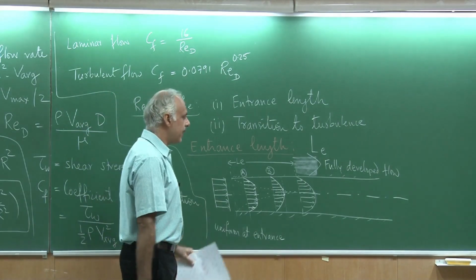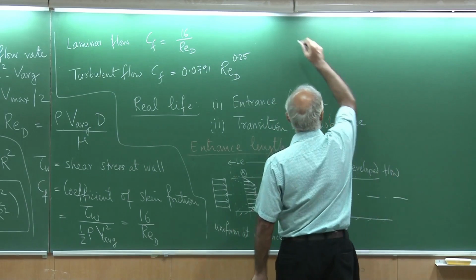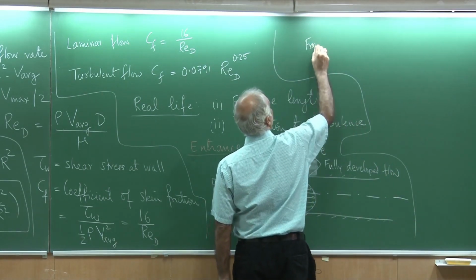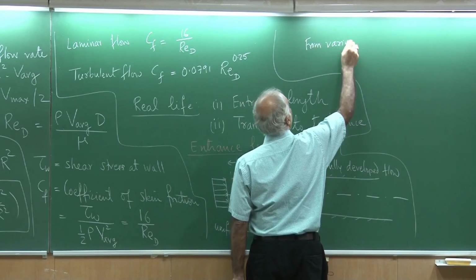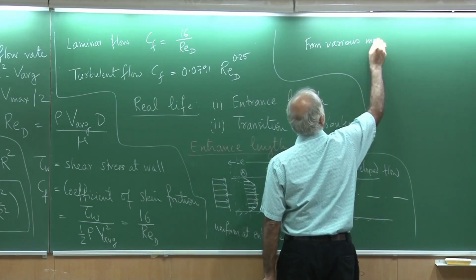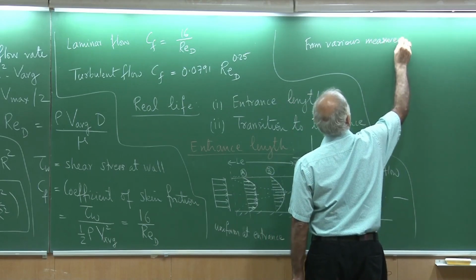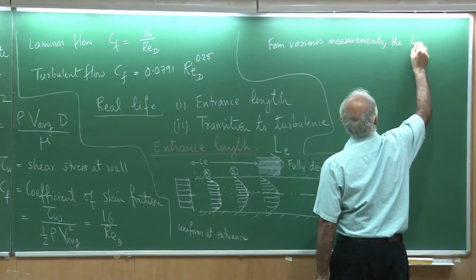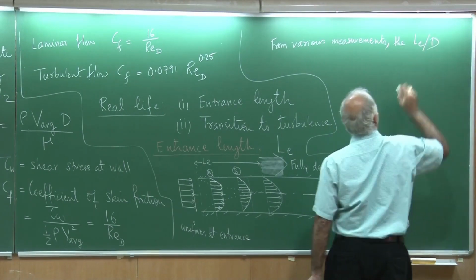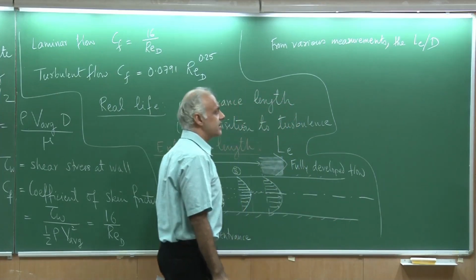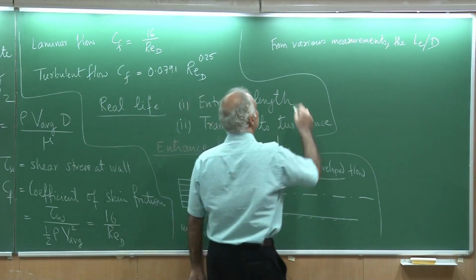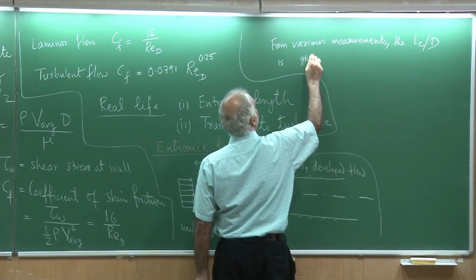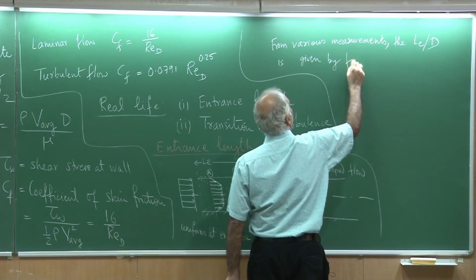So people have made measurements and they have found the following. From various measurements, the entrance length by diameter, which is a non-dimensional number now, is given by the following correlations.